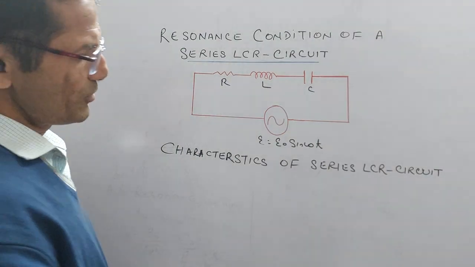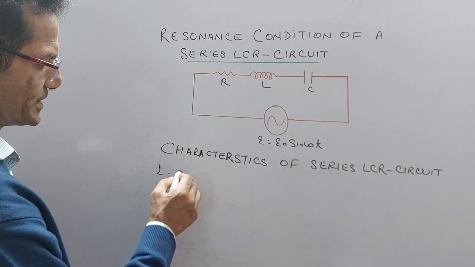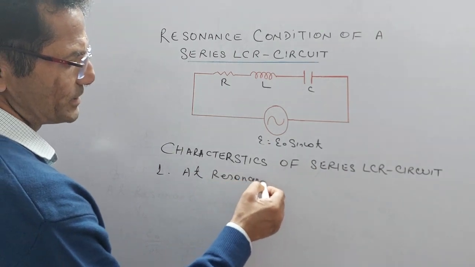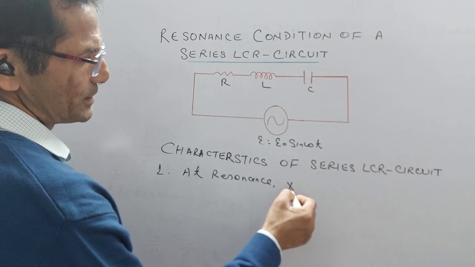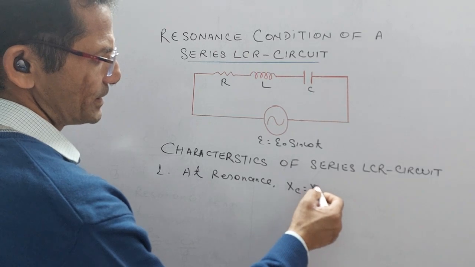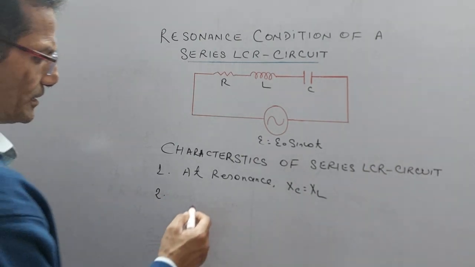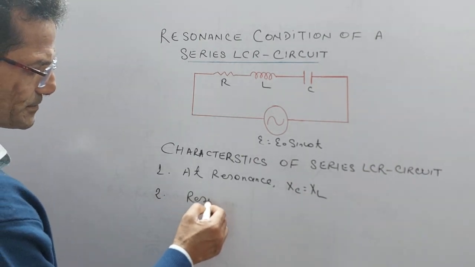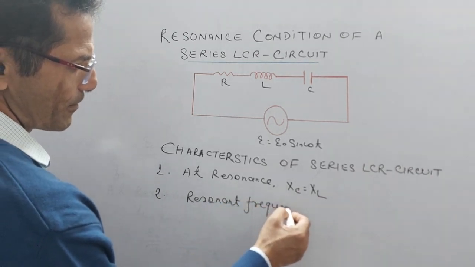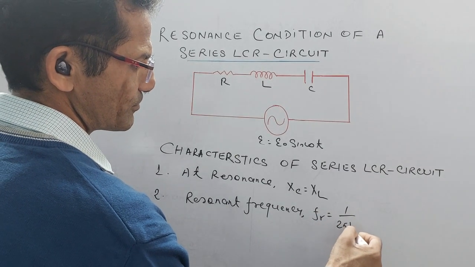There are some important characteristics of the series LCR circuit. Number one, at resonance the capacitive reactance is equal to the inductive reactance. Number two, the resonant frequency, represented by fr, is equal to 1 upon 2 pi root LC.